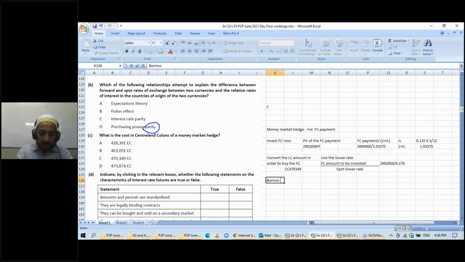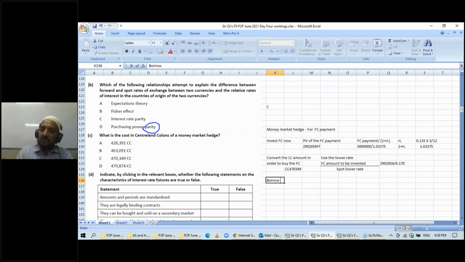In fact, we would first have borrowed, then converted, and then would have invested. But remember, you are going to do the steps in this sequence only to arrive at the answer, because the third step will give you the amount that you will be paying in 3 months time. So this amount which is borrowed in the local currency will be paid after 3 months along with the interest to the creditor. So that will become your local currency payment after 3 months.